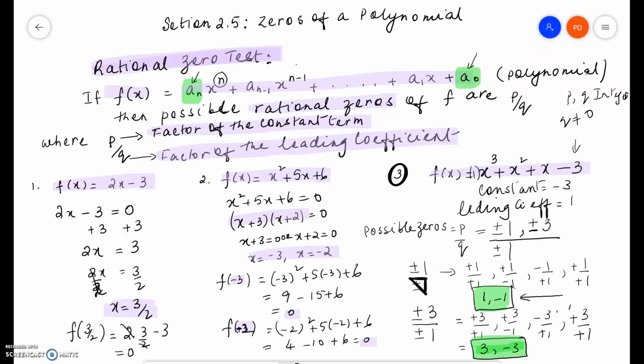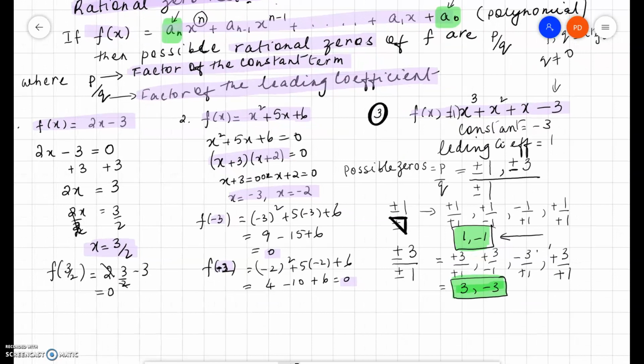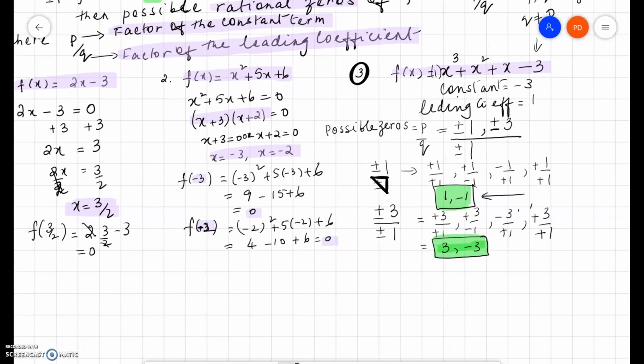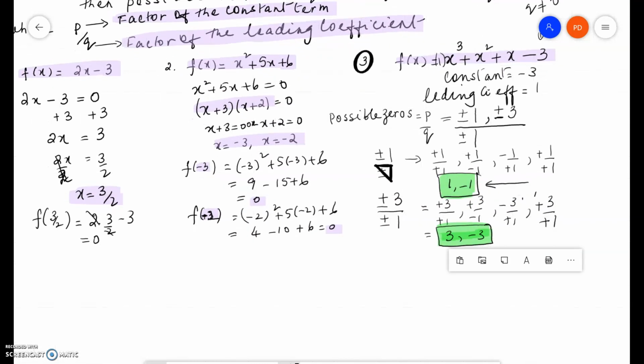So what does that mean? It doesn't mean that all 4 numbers are zeros. Obviously, all 4 cannot be zeros because it's a cubic polynomial and we can have at most 3 zeros. So at least this gives us the possibilities. So now we're going to check. Let's plug in a negative 1 into that function.